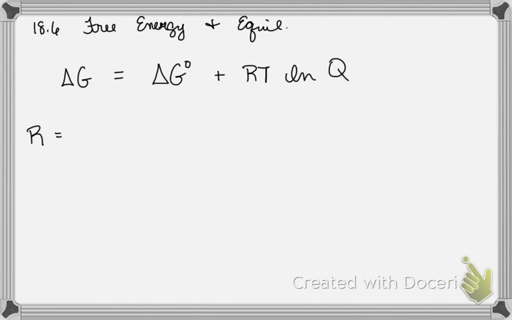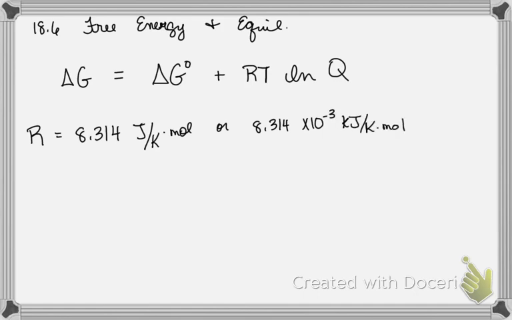So the value of R is 8.314 joules per Kelvin times mole, or 8.314 times 10 to the minus 3 kilojoules per Kelvin times mole. Of course, T is still temperature, and you guys know that has to be in Kelvin.